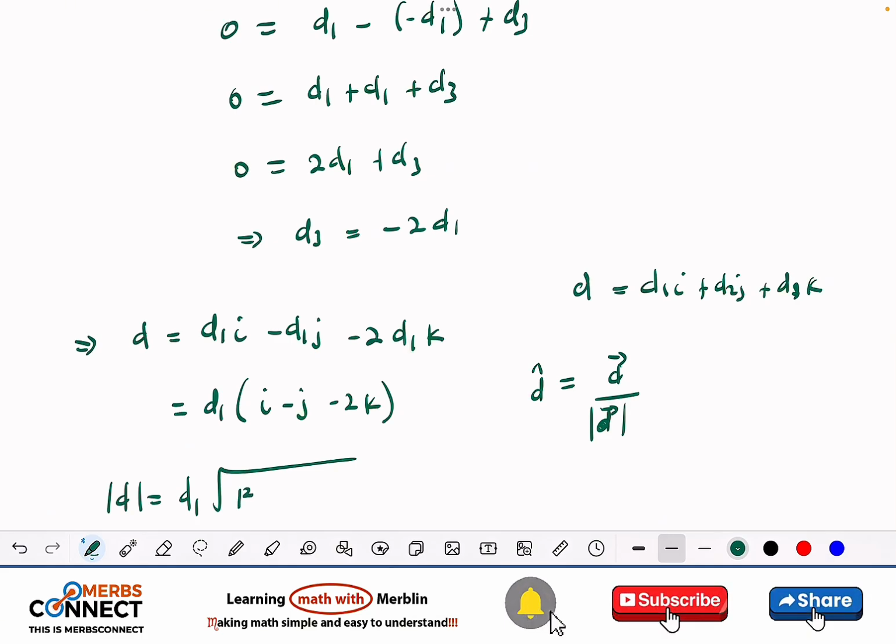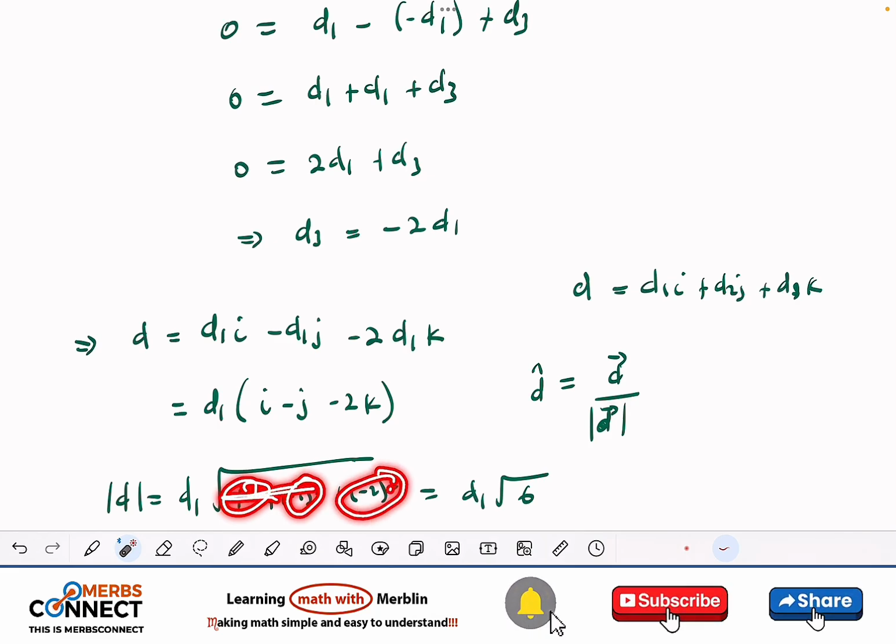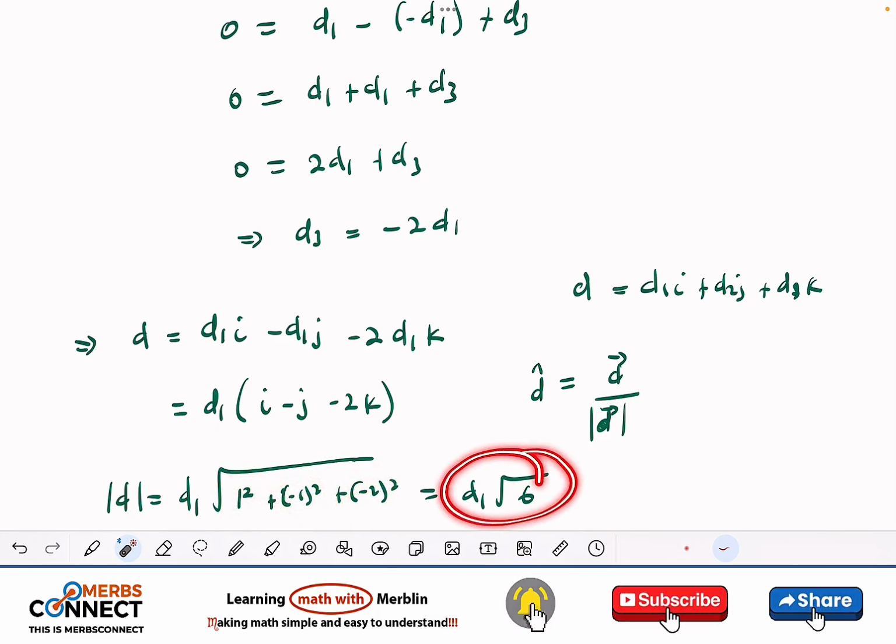So this one will be 1 squared plus minus 1 squared plus minus 2 squared. Guess what I'm going to get from here? This is going to be something like D1 square root of 6. Is that true? Yes. This one will be 1, this one will be 1, 2, this one will be 4, 6.